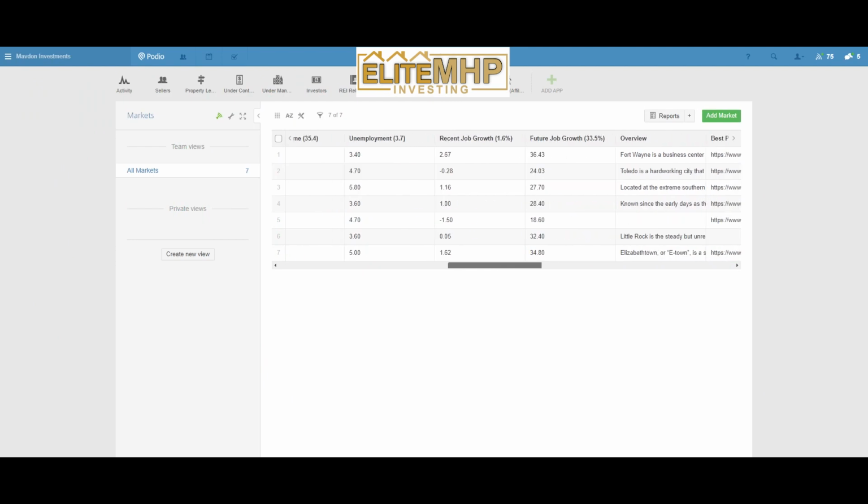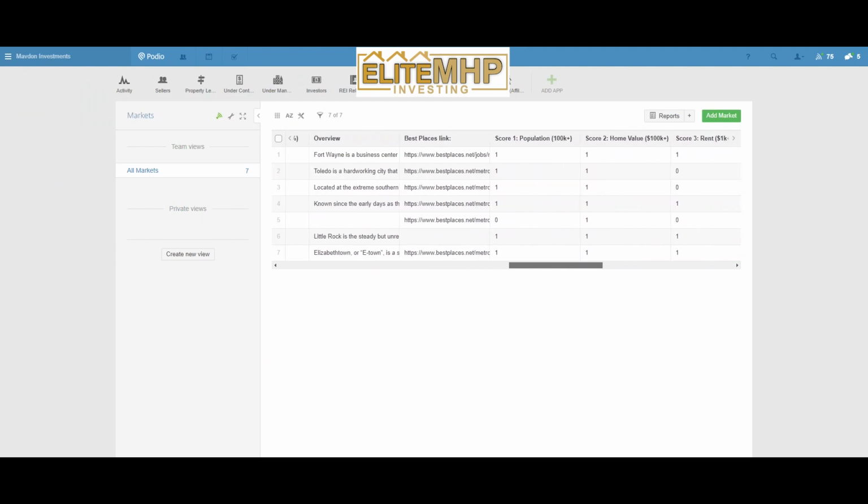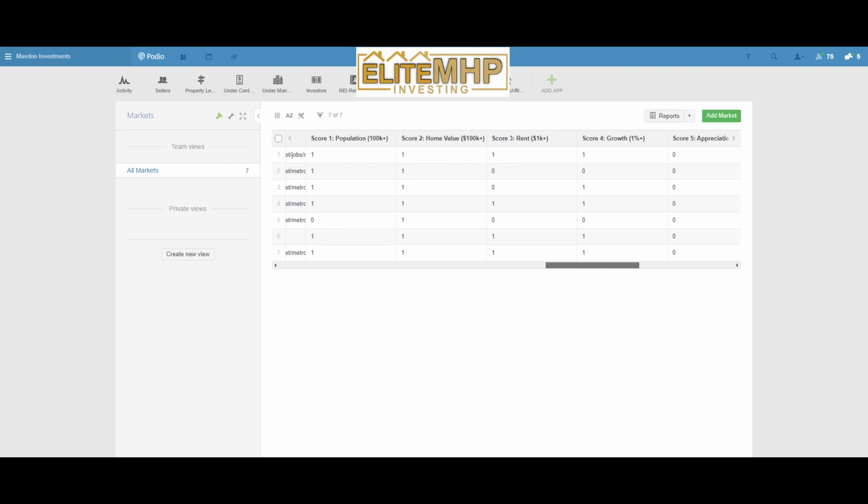So I give a point, as I mentioned, if there's more than 100,000 population. I give a point if there's 100,000 or more home value. I give a point if rent is 1,000 or more. A point if there's been a growth in population of 1% or more.